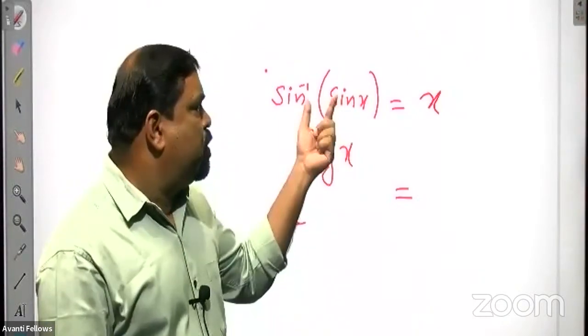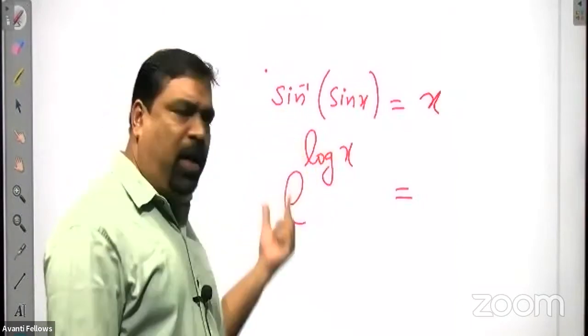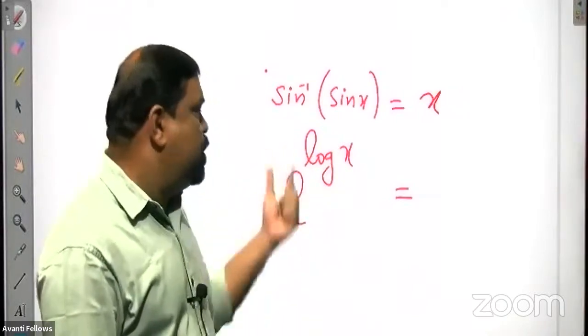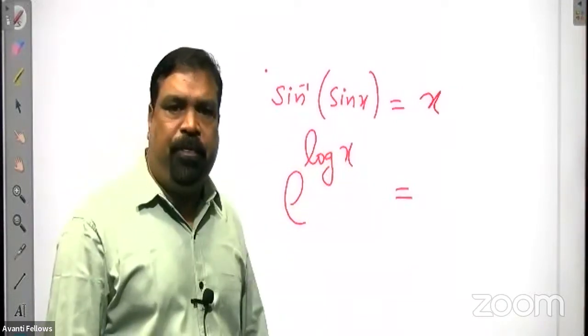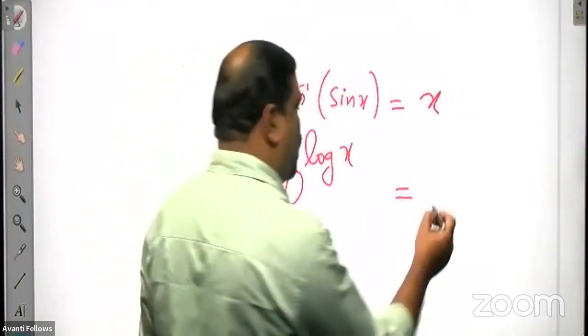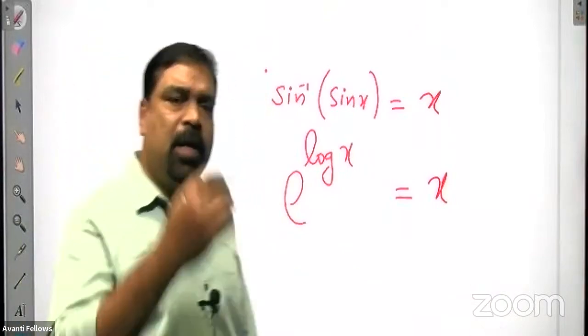The inverse of sine is sine inverse. The inverse of log is actually e. The inverse of e is actually log. So what will be e raised to log x? That's my question. It must be x only. e raised to log x must be equal to x.